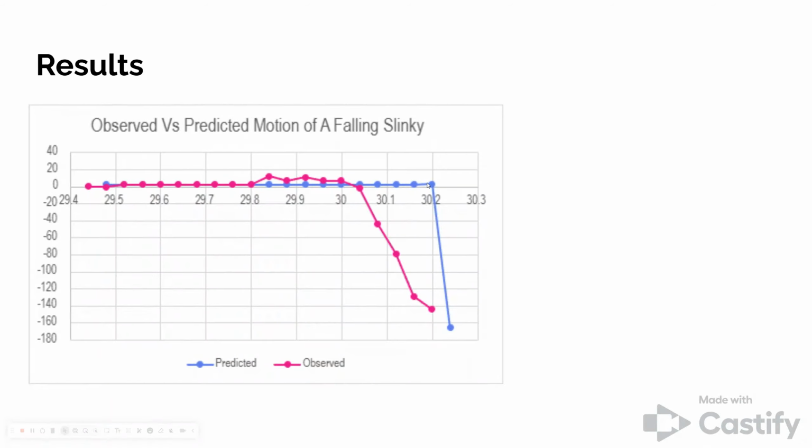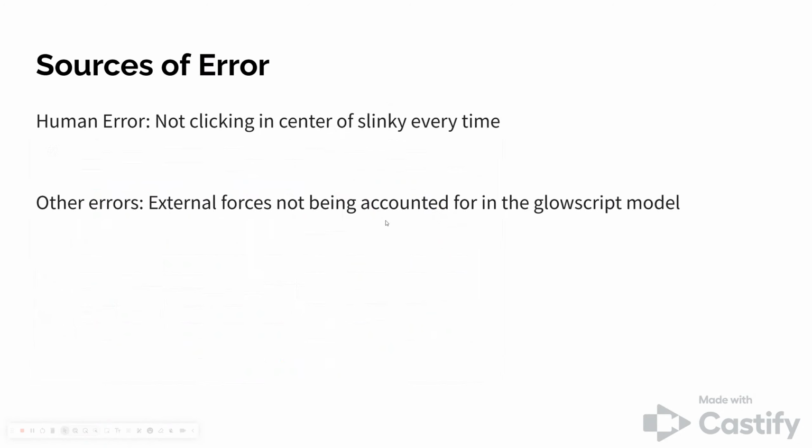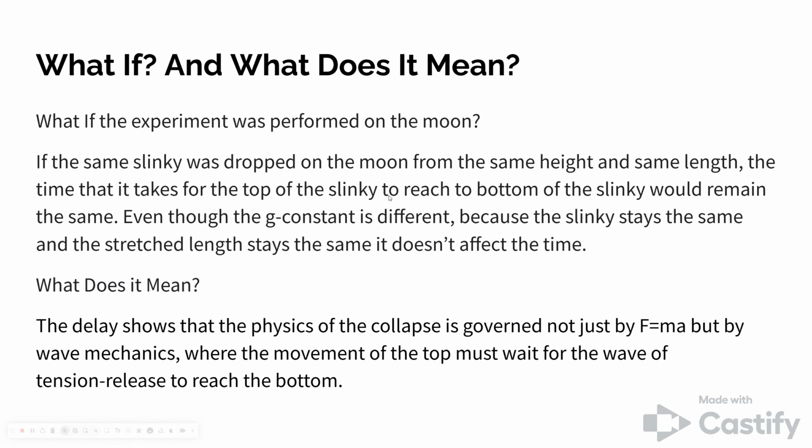Obviously, that doesn't account for other forces that are acting on it, such as air resistance, which goes into here. Human error for tracker not clicking in the center of the slinky every time, and then other errors, external forces not being accounted for.